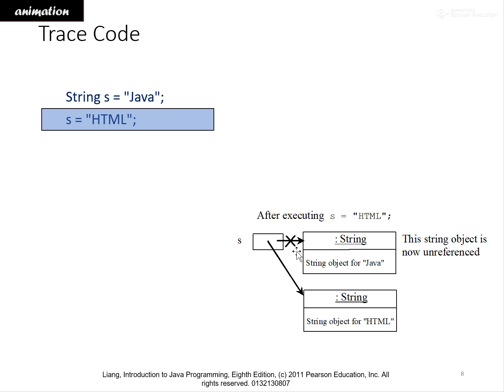And because the reference to the first string containing Java is then lost, or basically we have nothing pointing at it anymore, Java will remove it during its regular garbage collection process. So this first string object ends up being deleted from memory.